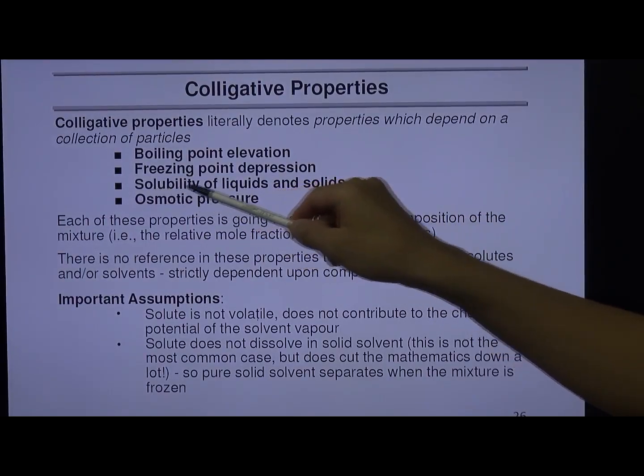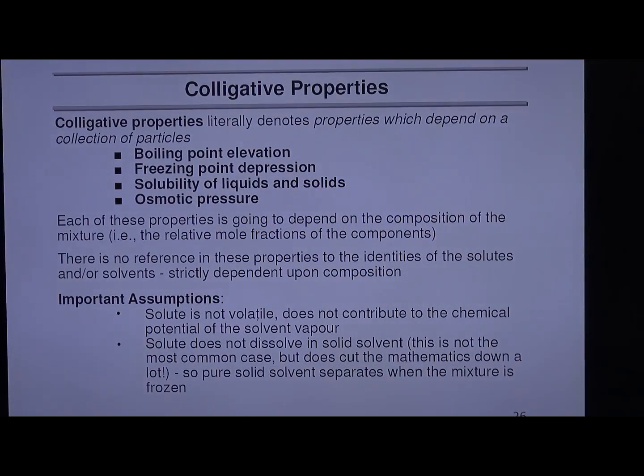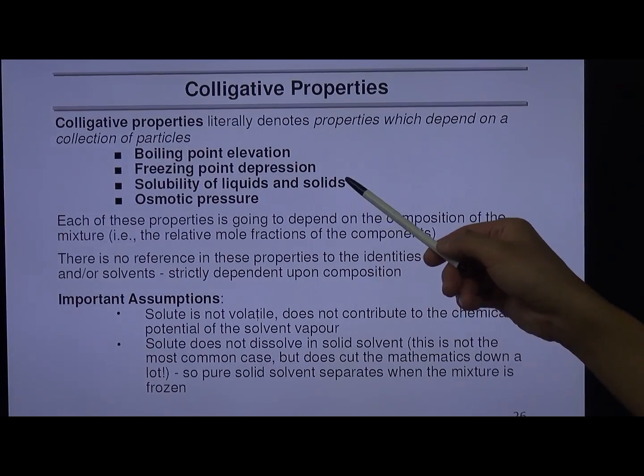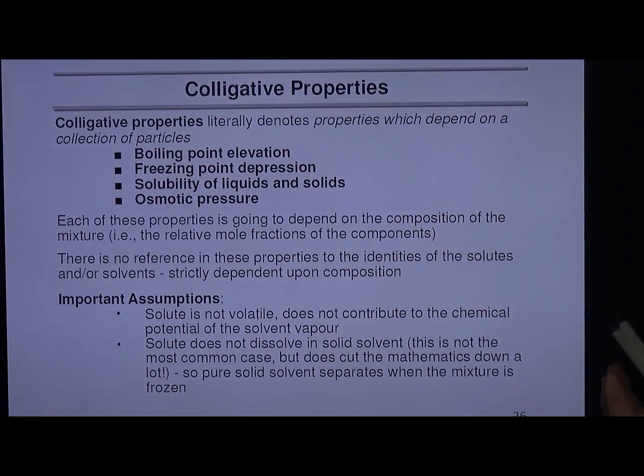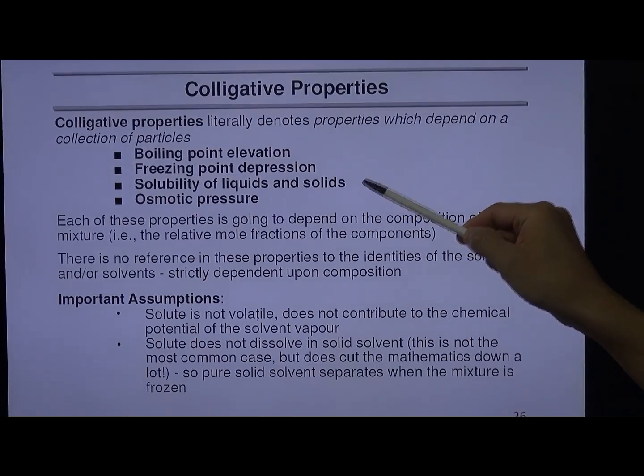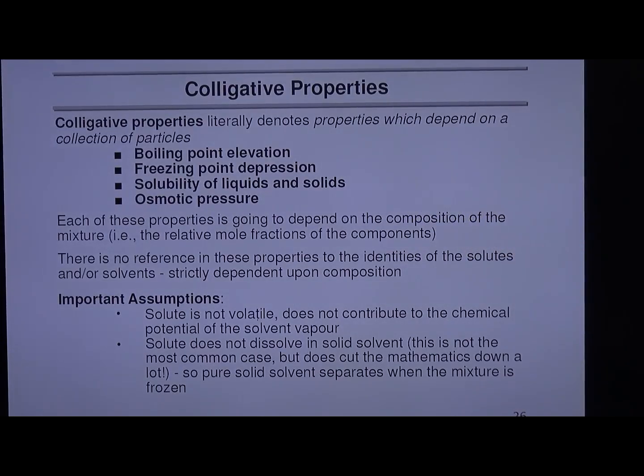Actually, solubility of liquids and solids are not colligative properties. Okay? Because, for example, we know that if you dissolve salt in water and if you dissolve sugar in water, the solubilities are totally different, right? Solubility depends on the kinds of materials. Okay?